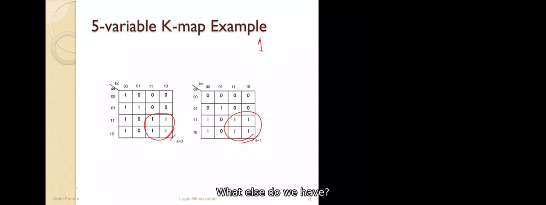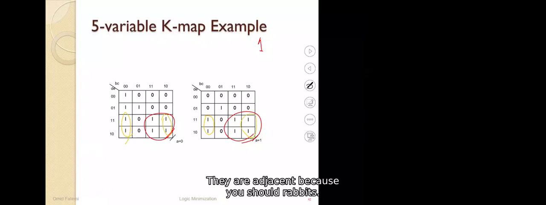What else do we have? Okay, we do have this and this. Oh, and we have also this and this. They are adjacent because you should wrap it. So again, the next one has 8 ones in it. So these 2 and on top of that. So this is another one, 2.